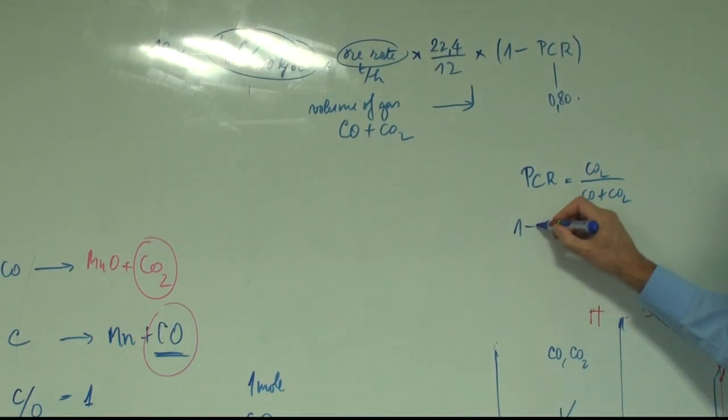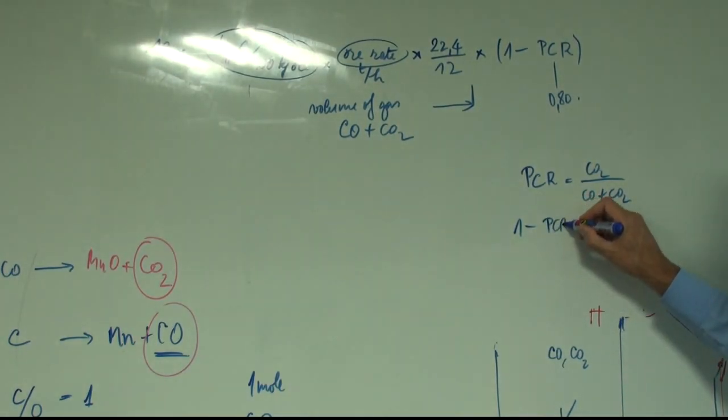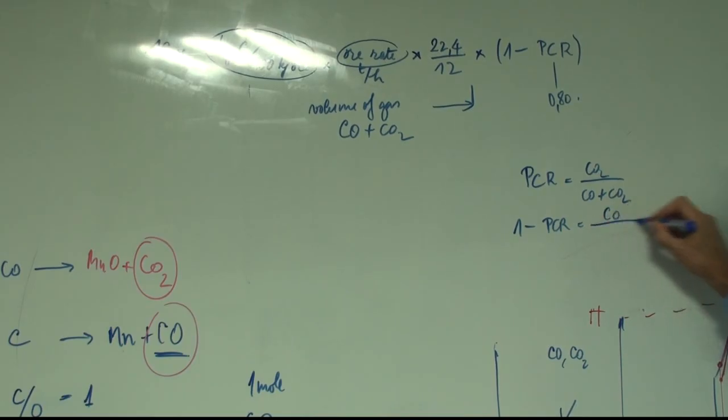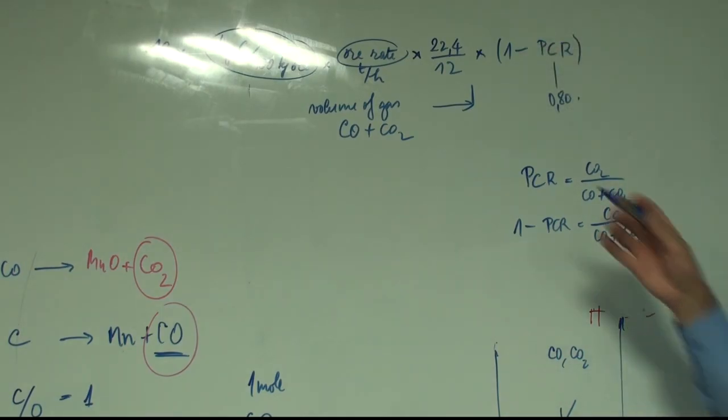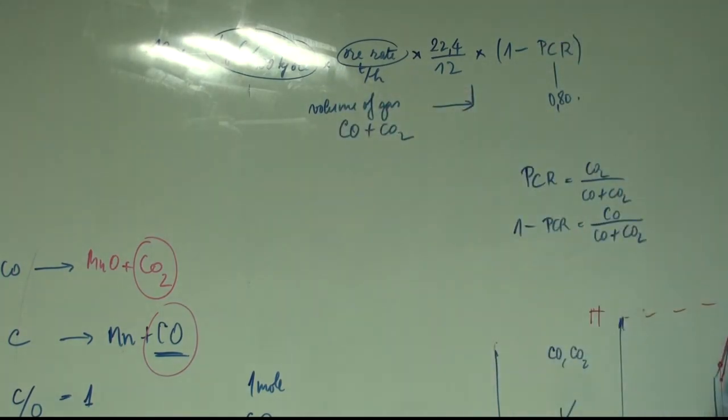So 1 minus PCR is CO over CO plus CO2. And that is what I want to know, the amount of CO inside the volume of gas.